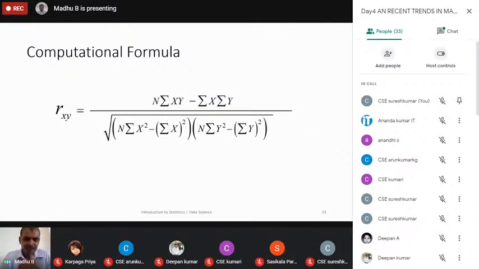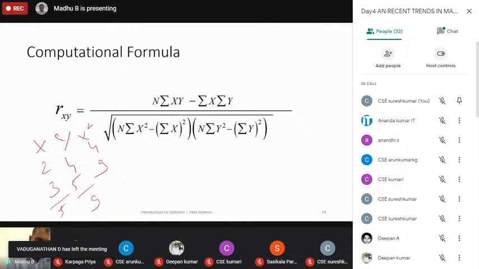What does this mean? Let us say x, y. I have 2, 4, 3, 5. Total here is 5. 2 plus 3 is 5. 4 plus 5 is 9. Now here it says summation of x squared. Summation of x squared is, x squared here is actually 4, 2 squared is 4, 3 squared is 9.